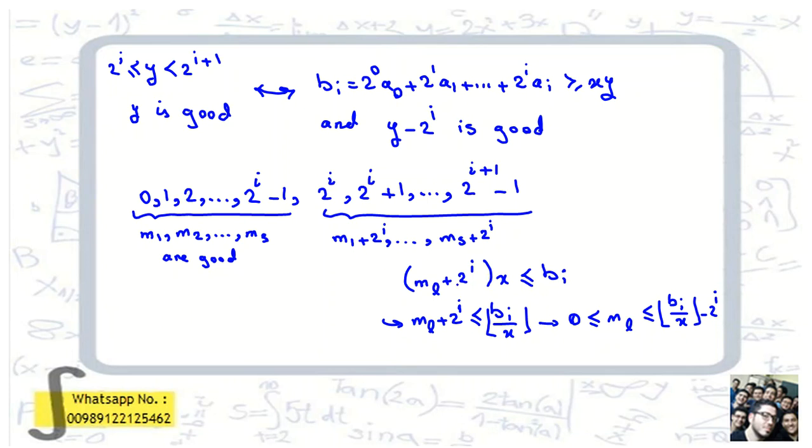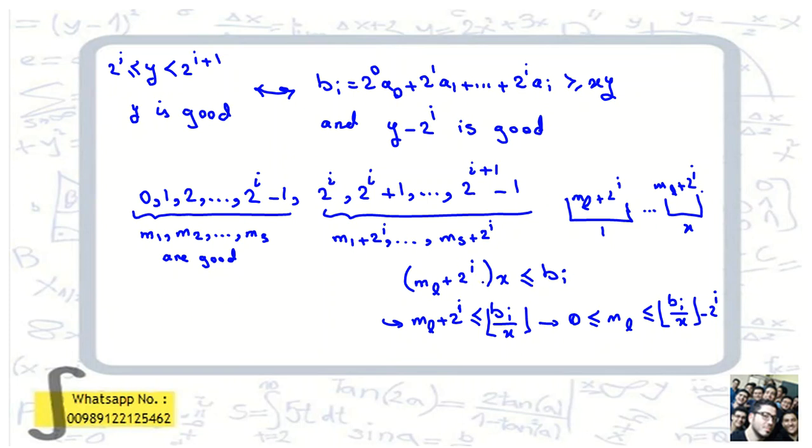We would say ml plus 2^i times x, because we want to place in each bag, bag number x, ml plus 2^i. So ml plus 2^i times x, because we have x bags, must be less than or equal to b_i, this condition.